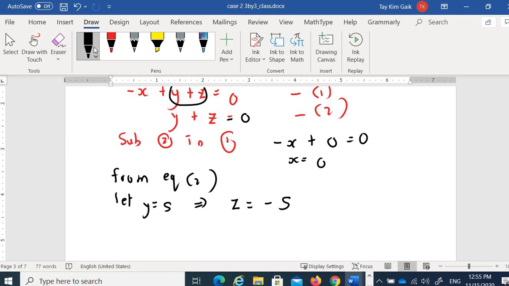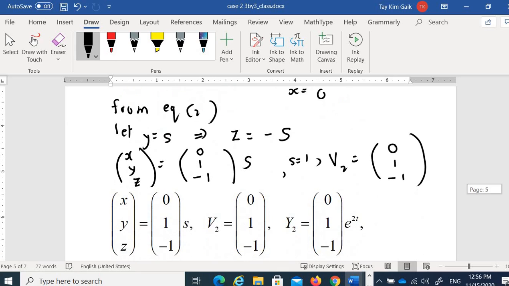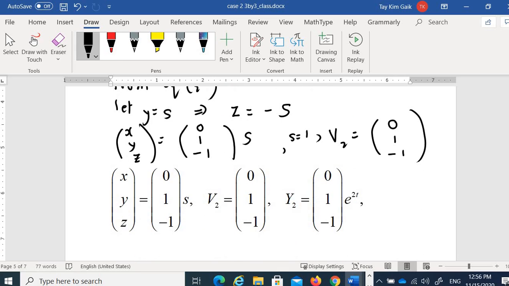That's why your xyz here: x is 0s, y is 1s, z is negative 1s. By taking s equal to 1, you get your v2 is actually 0, 1, negative 1. So this is the v2.